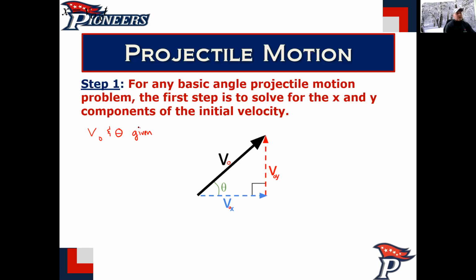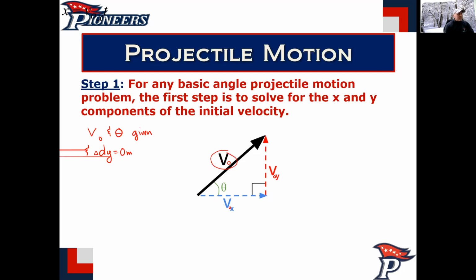Now, on Friday, I'm going to show you what happens because that's not always the case. But for the basic problem, it is. And then we need a way to solve these problems if one of those values wasn't given, and that's what we'll look at on Friday. But for right now, for the basic problem, this is given and this is given, and this is true. This is an important idea, meaning no elevation change.